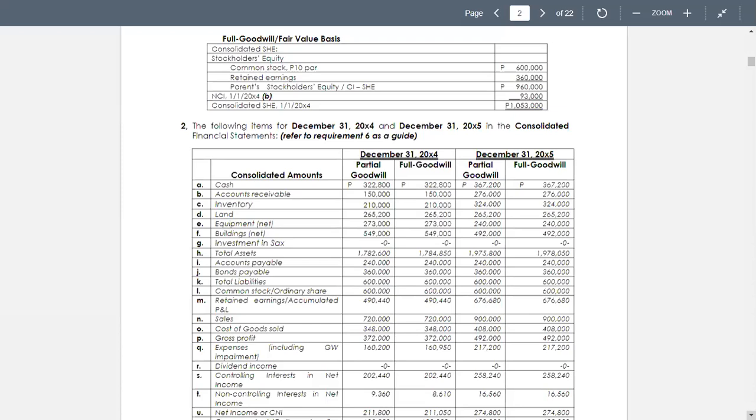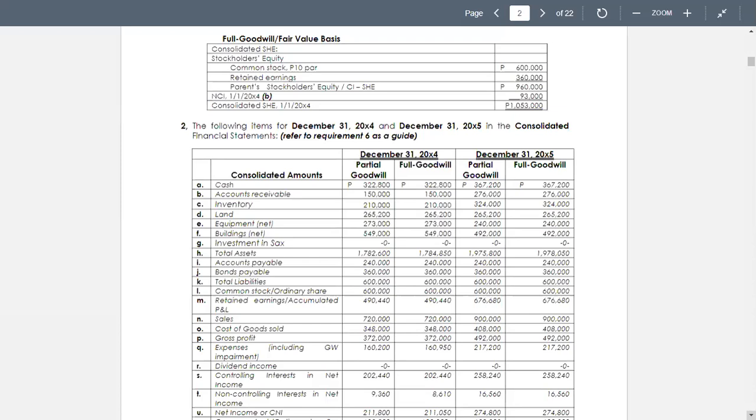Then we add 96 based on your table above, and we deduct 12. 12 is the amortization of your fair value adjustment. So you get 273,000. At least I have already given you the figures on how this final amount was arrived at.